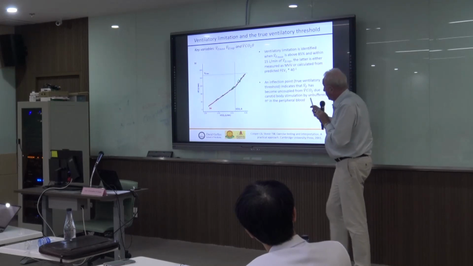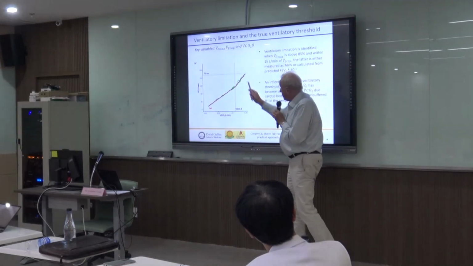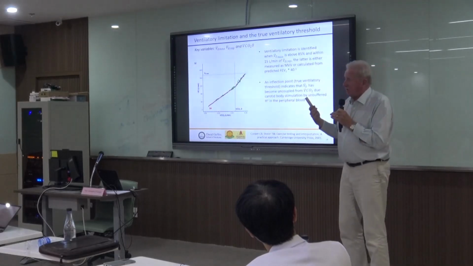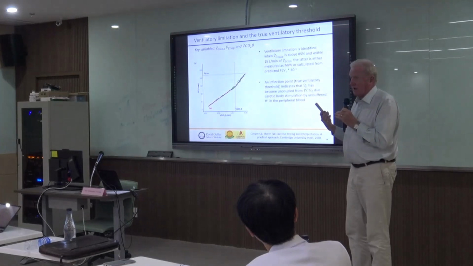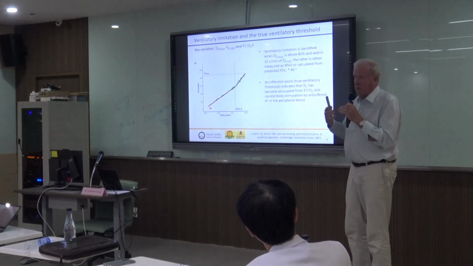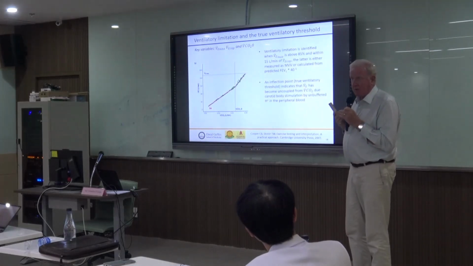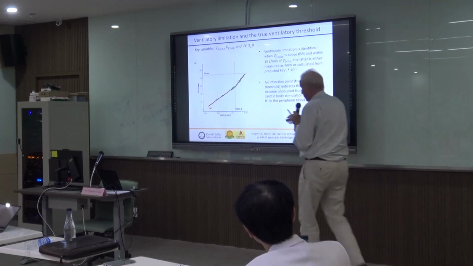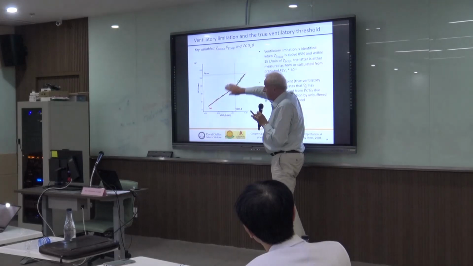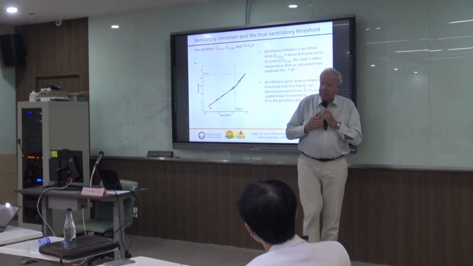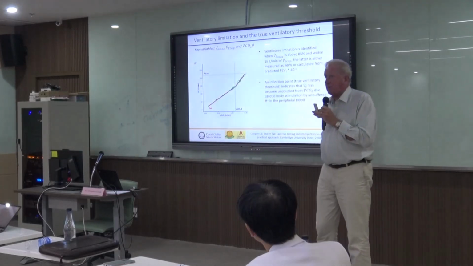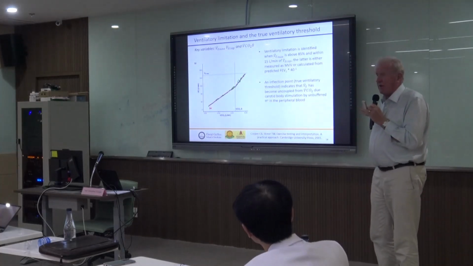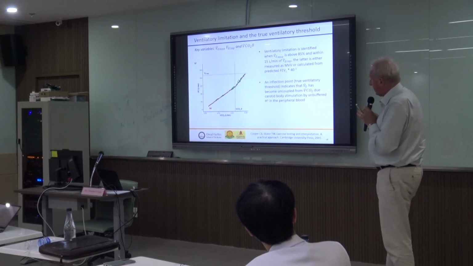And one of the things you can say when you see this inflection point is the person has pushed themselves to the point that they have sufficient lactic acidosis that they've overwhelmed the bicarbonate buffering capacity of the blood. If you don't see this, you can't say that that happened, and it probably means that the subject didn't give a sufficient effort, or they were limited by some other factor.